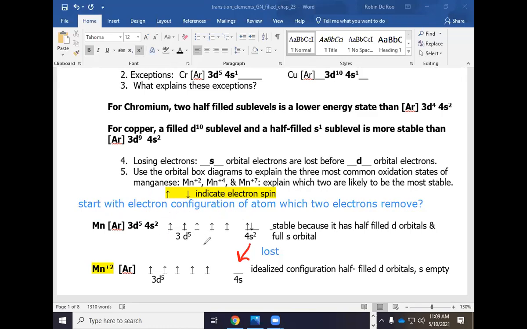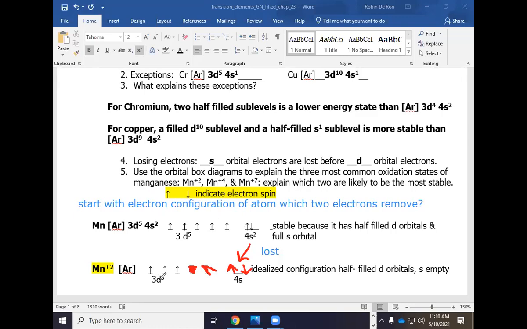So we start with this. If we remove these 2, then you would have this. So you would have a full s orbital, but not a half-filled d.